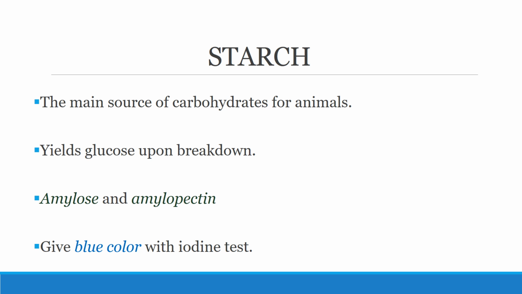These are amylose and amylopectin, where amylopectin has a branched structure and is insoluble in water, either in hot or cold form, whereas amylose is unbranched and soluble in water, especially in hot water. So even on the iodine test that is performed to detect the presence of different polysaccharides, starch will give blue color to show its presence.